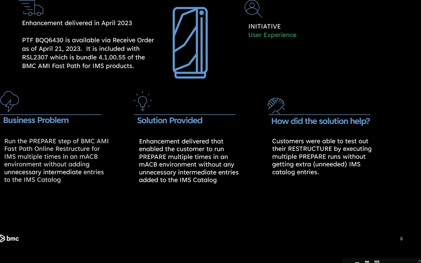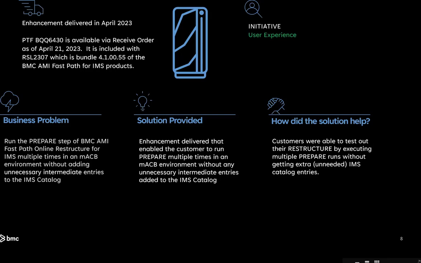Which was actually not needed, right? Because the customer was just running those multiple prepare steps multiple times in order to just drill down or focus down on the final changes that they need to make to the FastPath database, right? But with every run, unnecessary entries were being added to the IMS catalog. Now, the customer wanted to avoid adding those unnecessary IMS catalog entries. That was the business problem.